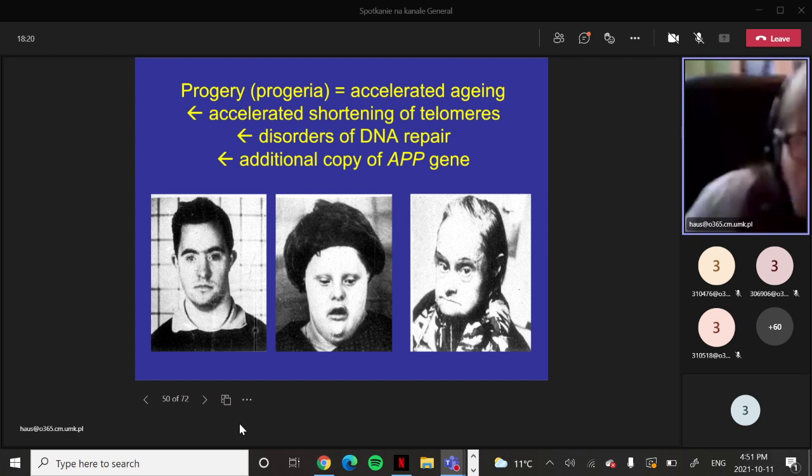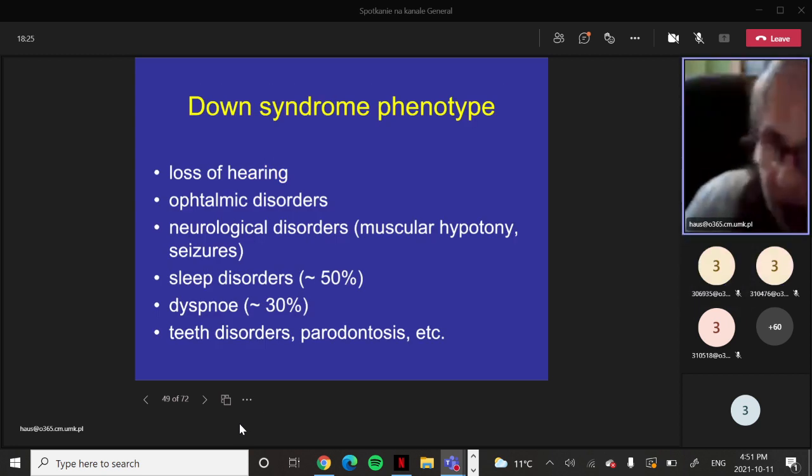Why these disorders specifically of teeth? I don't know. Maybe there is a gene on chromosome 21 which is the cause of these disorders. In some children maybe hypodontia, too low a number of teeth. In some children, the positions of teeth are not good.